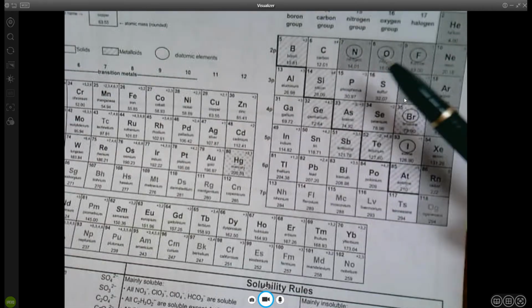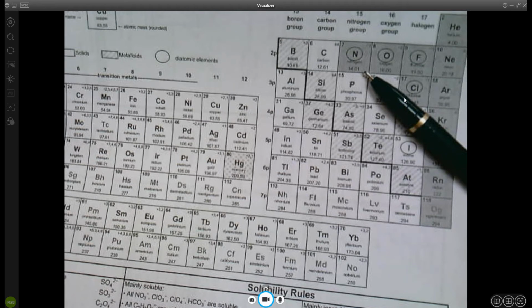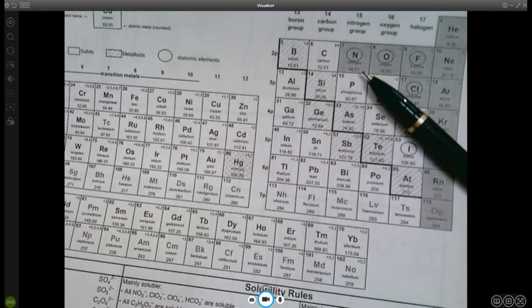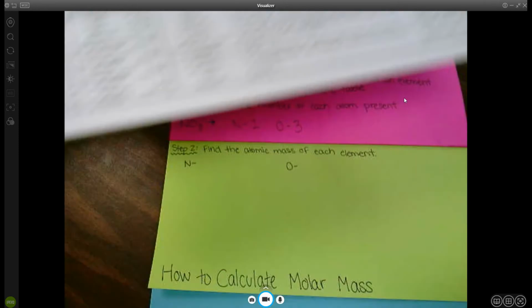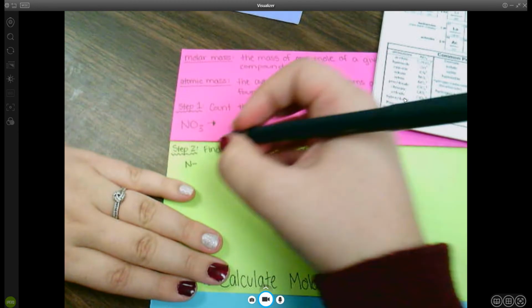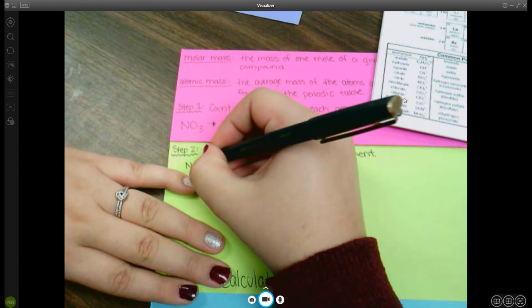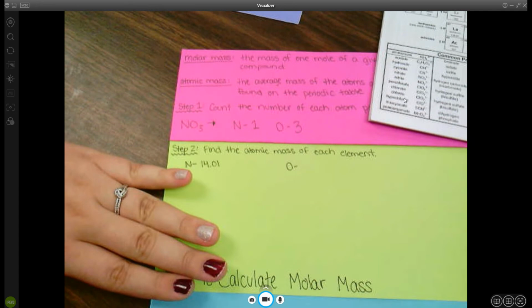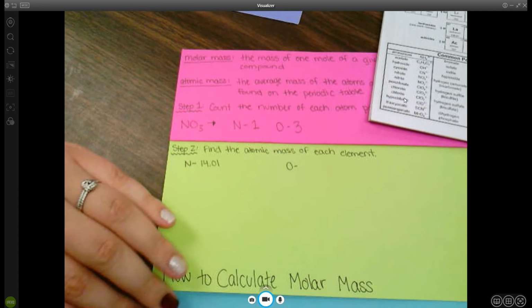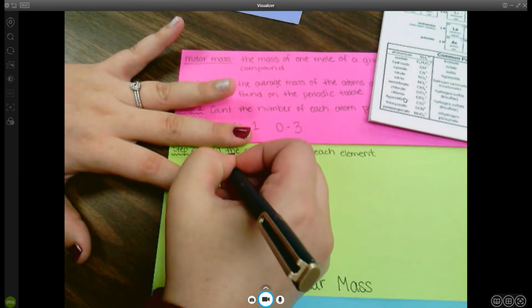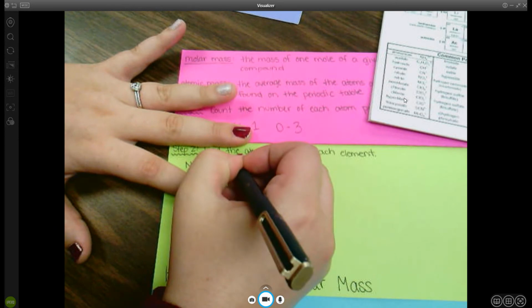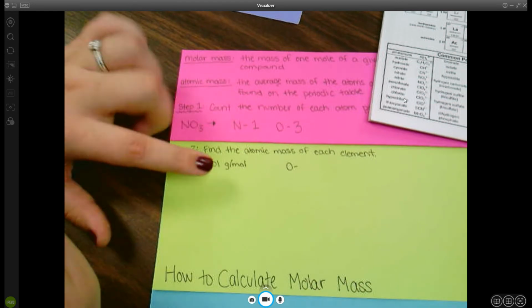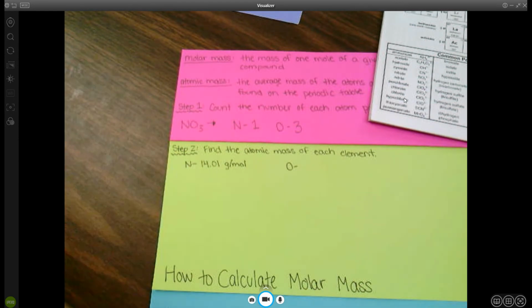So going back to nitrogen, the atomic mass of nitrogen is 14.01, okay? So I'm going to write 14.01, and the unit for this is always grams per mole, and we write that as g/mol, grams per mole, okay?